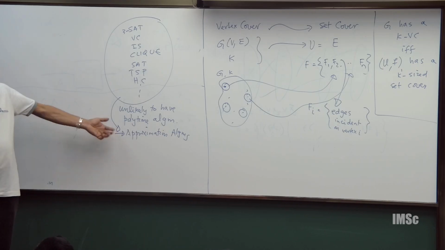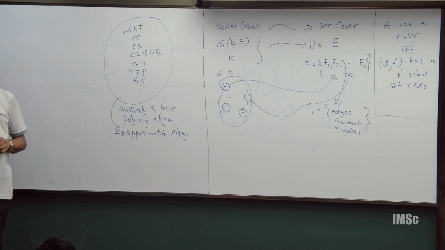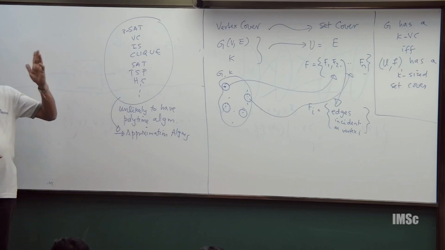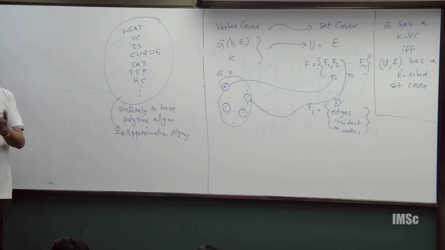That is what approximation algorithms talk about. But I want to spend only polynomial time because I know that is what corresponds to feasible time. So I want to solve in polynomial time and you are telling me that I can't get exact algorithms. So can you give me something approximate, something close to the optimum?